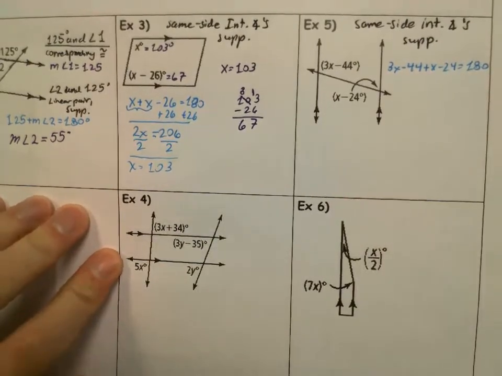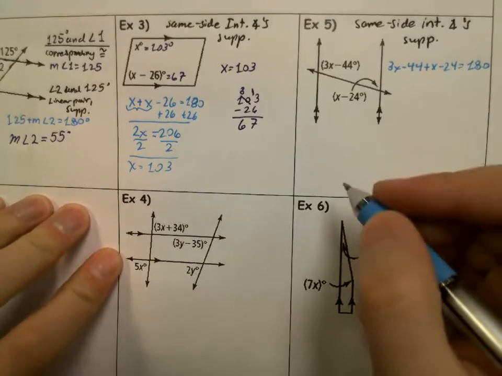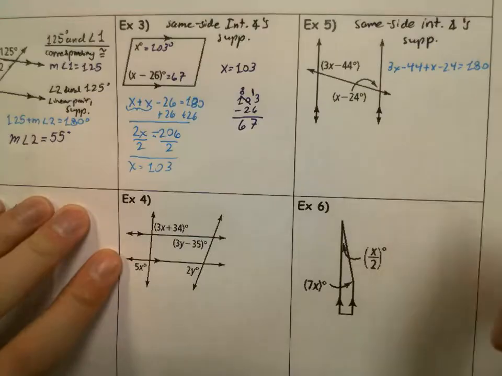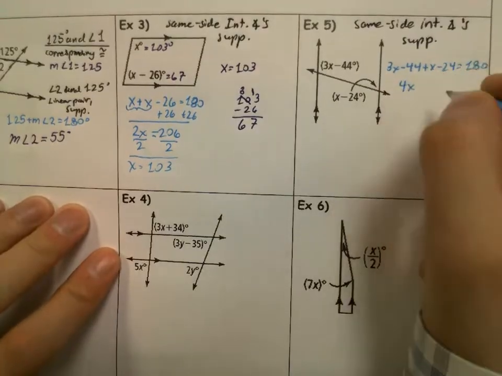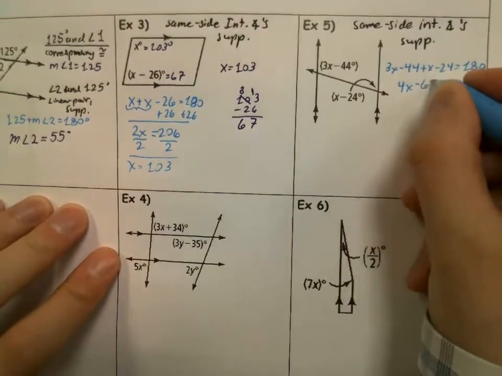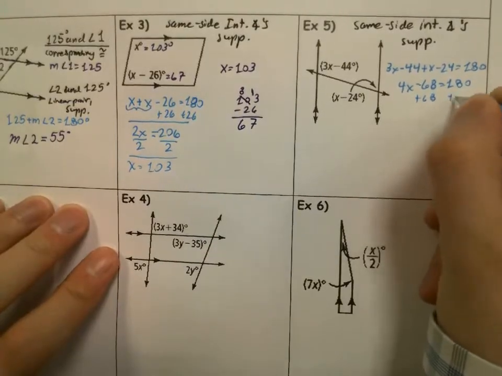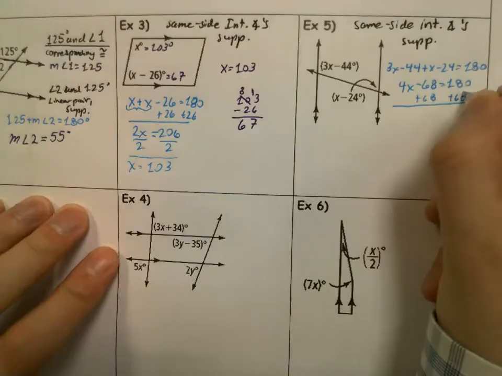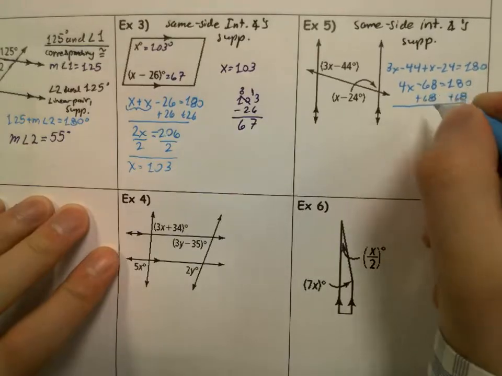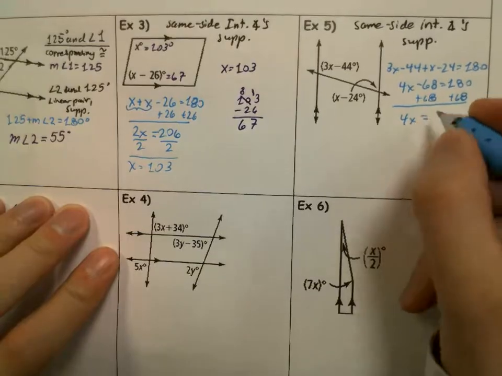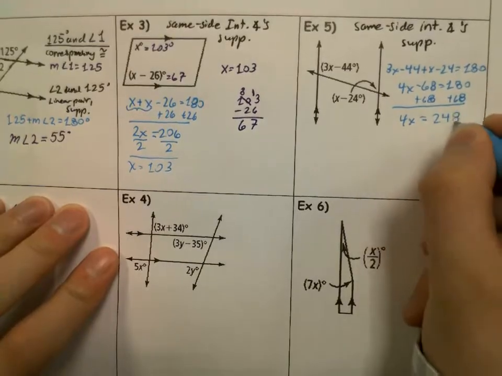Okay? You're going to combine like terms. You're going to get 4x minus 68 equals 180. Add 68 to both sides. All right, and you get 4x equals 248.